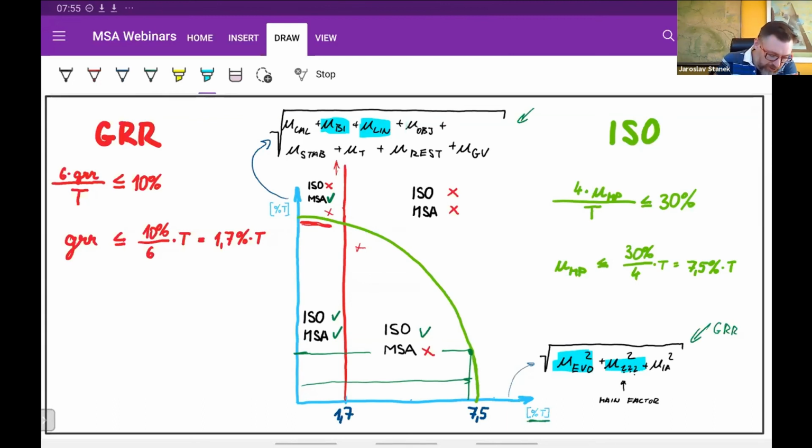And the measured object is greatly influenced by the definition of the measured parameter. And we'll speak about the importance of the definition of the measured parameter in one of the future webinars.